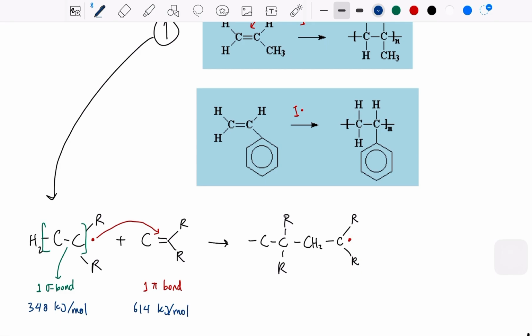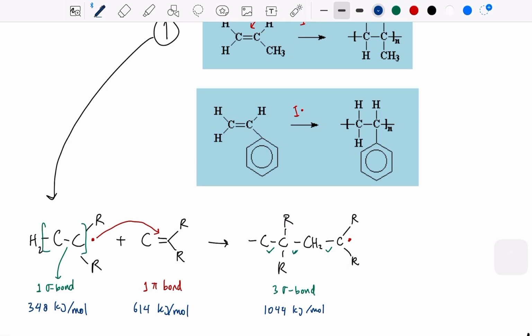Now it turns out the product has 1, 2, 3, right? 3 sigma bonds. So 3 multiplied by 348 will be 1044 kilojoule per mole.